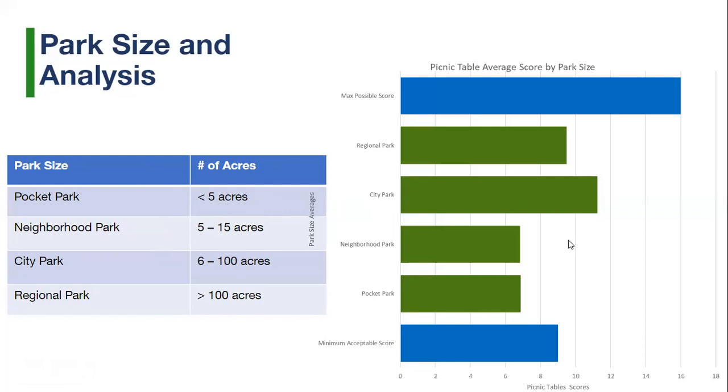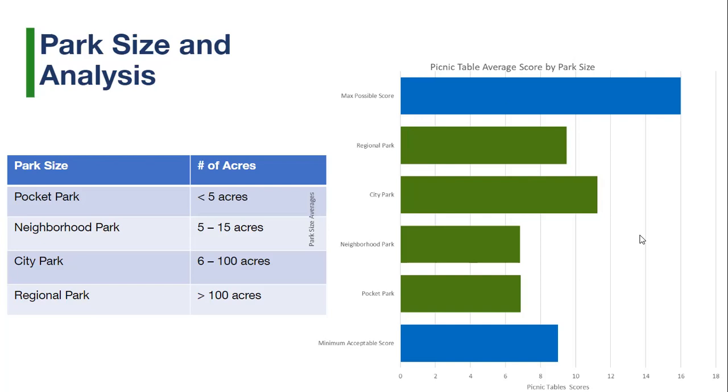On the right here, there's a chart that shows, for picnic tables for example, the scores after doing a number of pilot tests where we scored the different parks. It shows the maximum number of points you can get for the different indicators, which is 16.